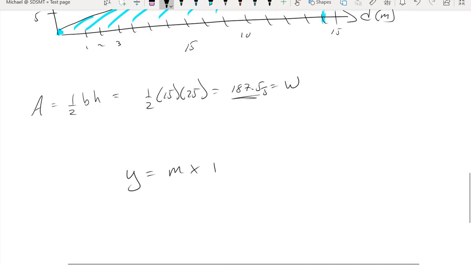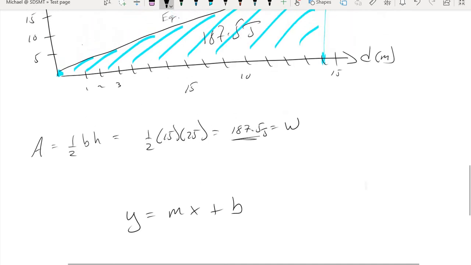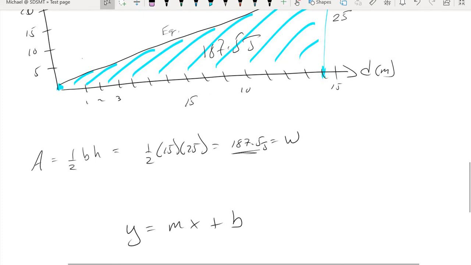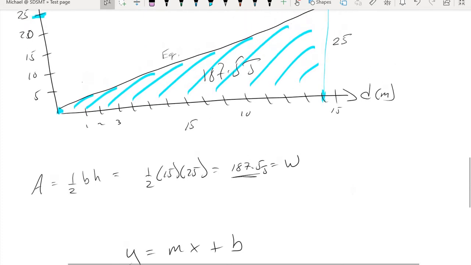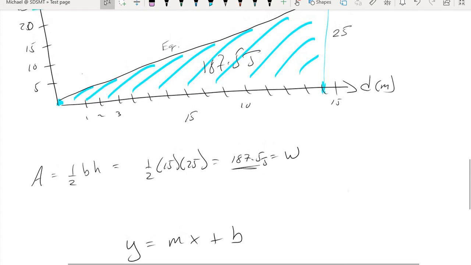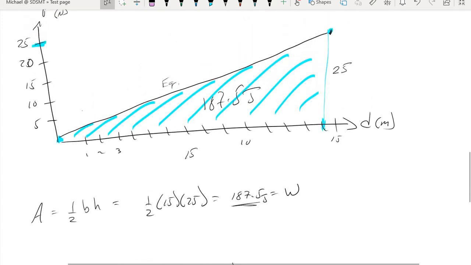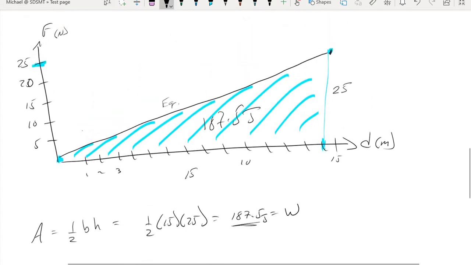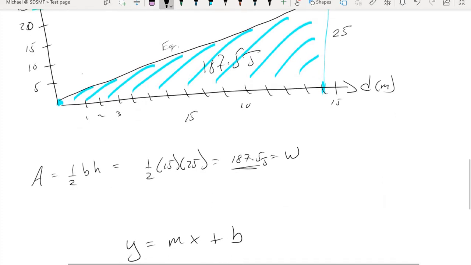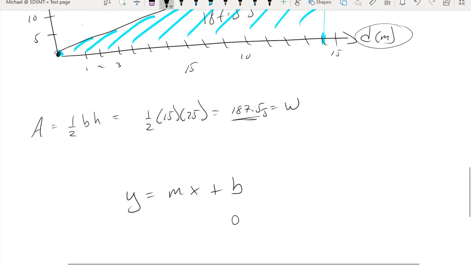If we remember, every line can be represented using the point slope form. In this case, y is the vertical axis or the force value. X is the horizontal value, or d. B is the y-intercept, which is occurring down here at 0. So we'll go ahead and let that be 0.